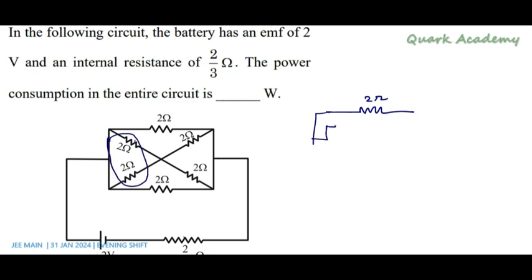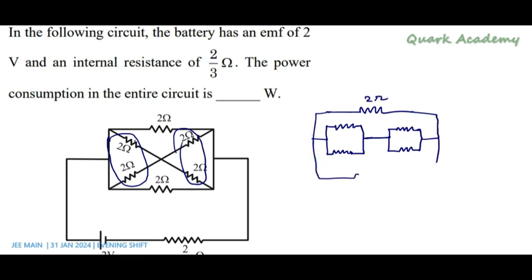So I can draw it like this: 2 ohm and here one 2 ohm. These are in parallel. This is in series with these two. So again 2, 2. Here we have another 2. Now, okay, this is 2.